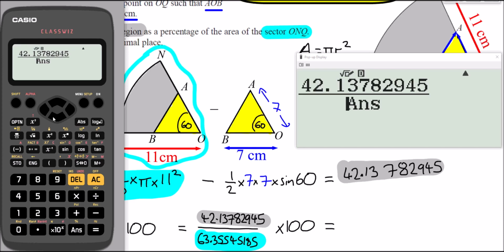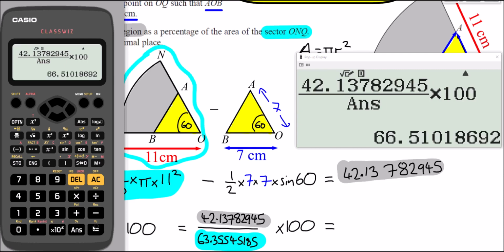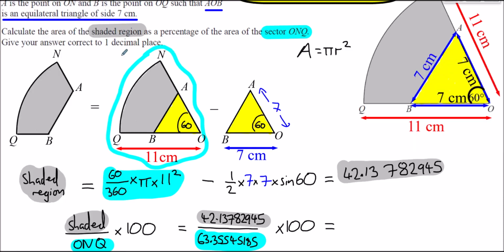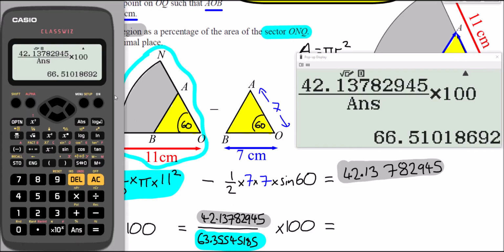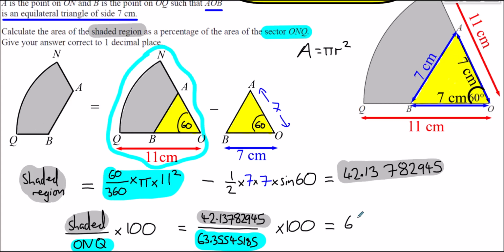And times all of this by 100. There we go, times by 100. I get here to one decimal place a value of 66.5. So my answer is 66.5%. And that's all we need to do for that one.